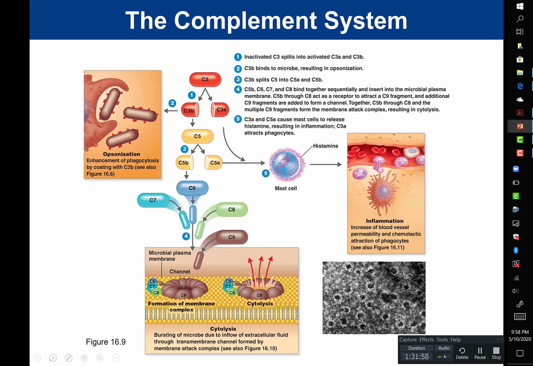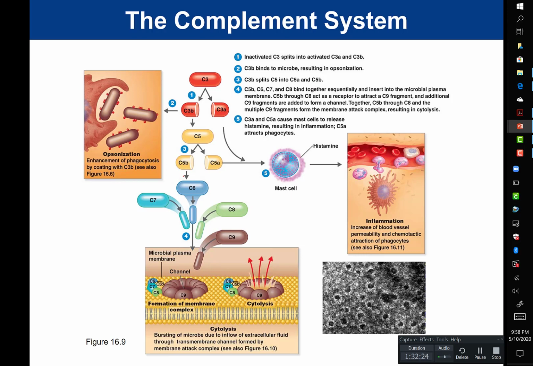But what you want to notice is that you get this series of activations. This red one activates into these 2 red ones. One of those activates into this yellow one, which splits into 2, which activates this blue one, etc. This is what we call a cascade, or you'll also hear it called a signal transduction pathway.